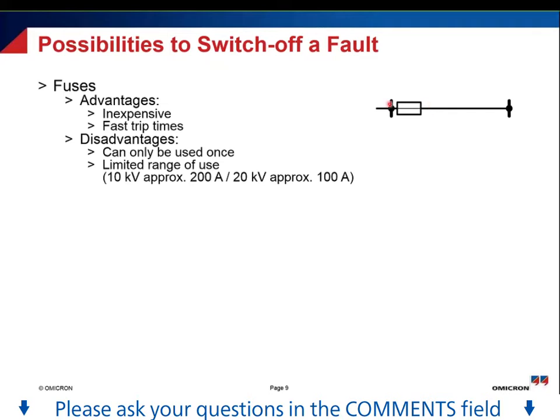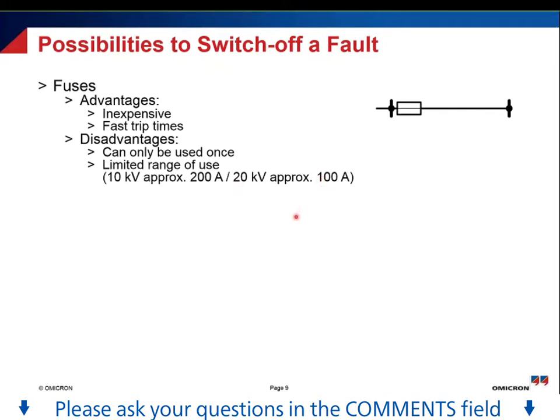And with this, you can achieve pretty fast trip times. But the problem is that these fuses can only be used once, and they have a somewhat limited range of use. For example, for a 10 kV network, it's approximately 200 amps, and for a 20 kV network, it's about 100 amps.